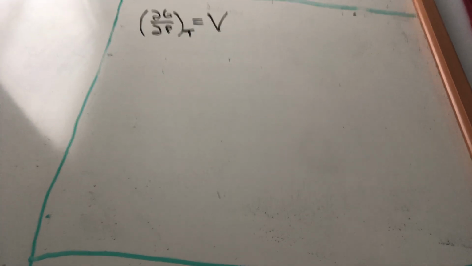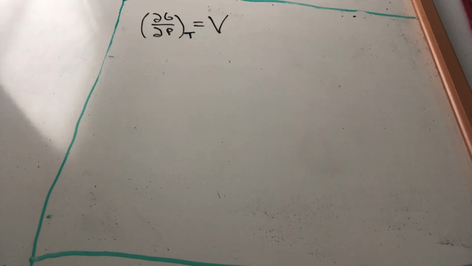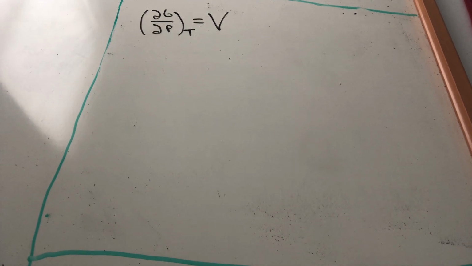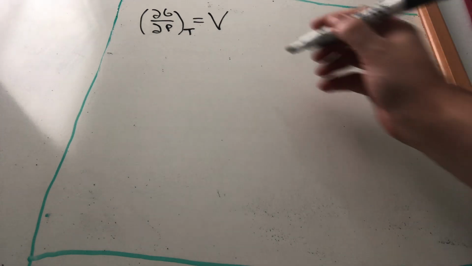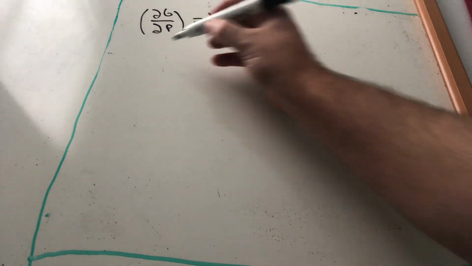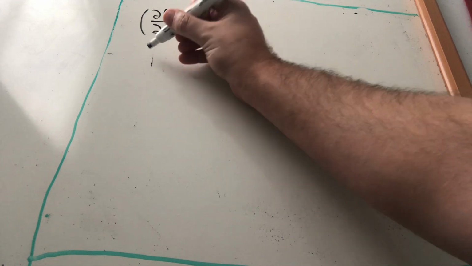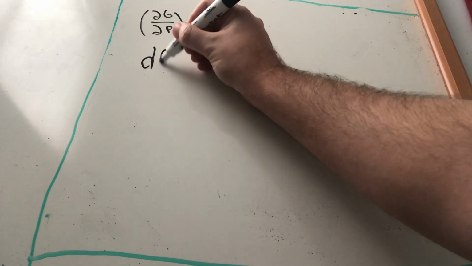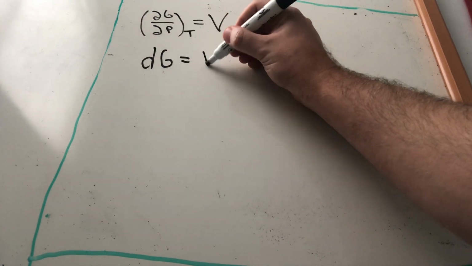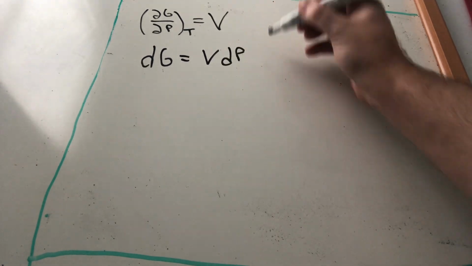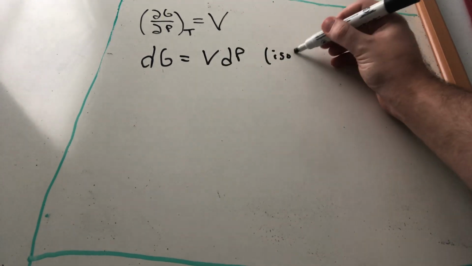In your derivation of the natural variables of G, this was a definition that came about in that process. So we can rearrange the differential equation and write this as dG equals V dP, and this is valid for isothermal processes.